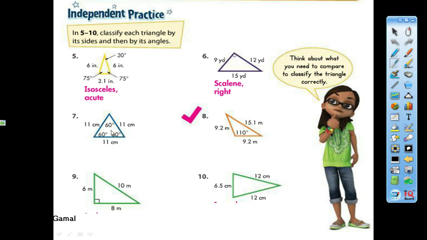In question 7, 60, 60, 60, so all of them are acute. And according to sides, 11, 11, 11, all of them equal, so it's equilateral. In question 8, we have 9.2, 9.2, two sides equal, so it's isosceles. And according to angles, one fat angle, 110, and 2 acute, so it's an obtuse triangle.